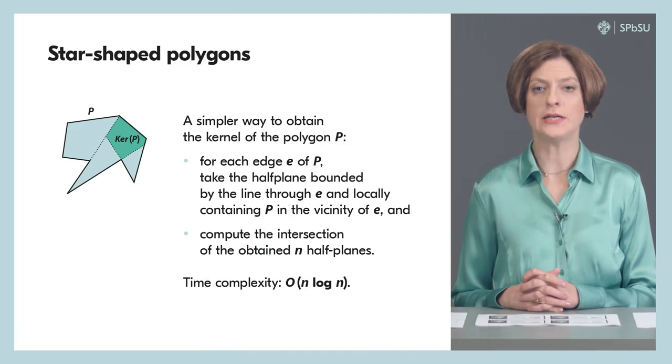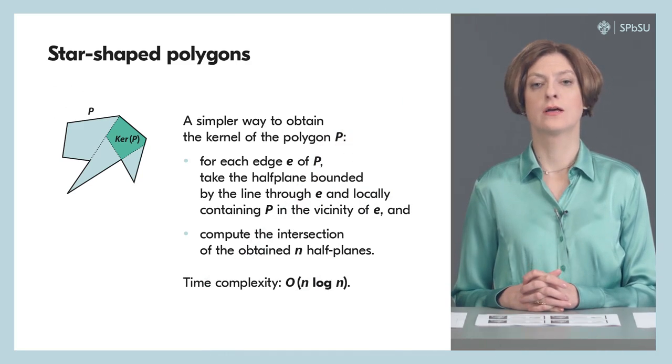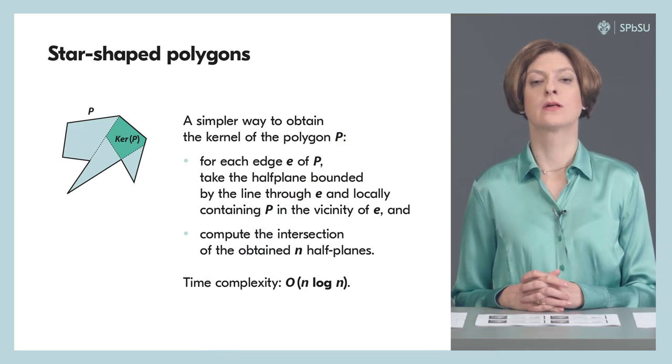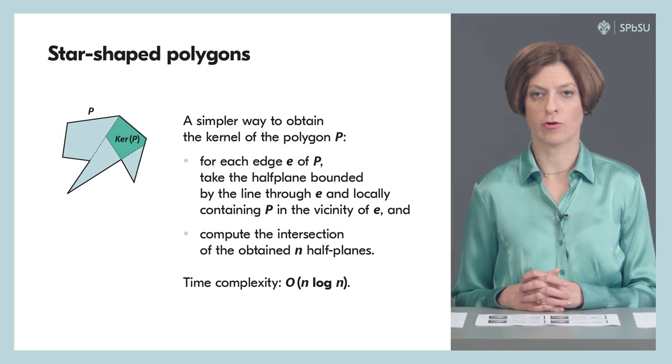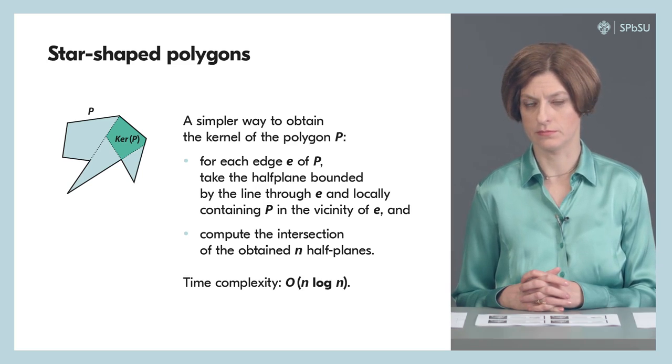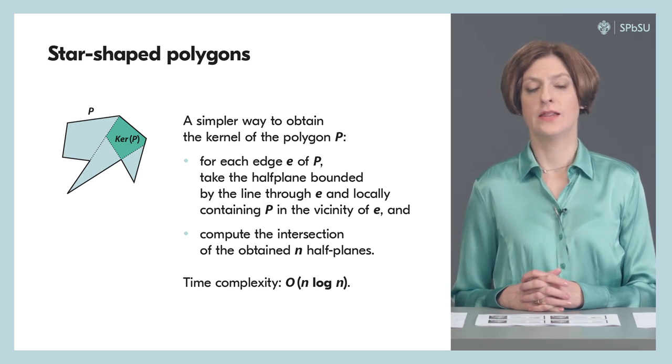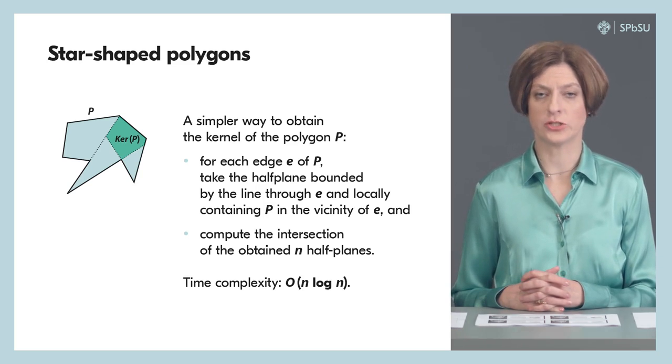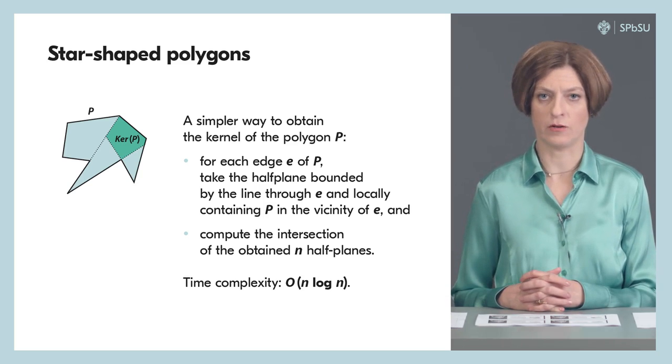A simpler way to obtain the kernel of a polygon consists in taking for each its edge E the half-plane bounded by the line through E that locally contains the interior of P in its vicinity, and then computing the intersection of the obtained n half-planes.